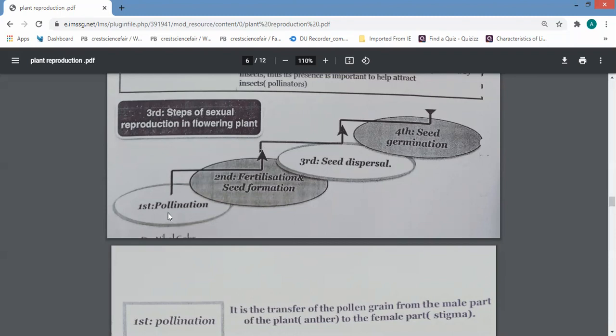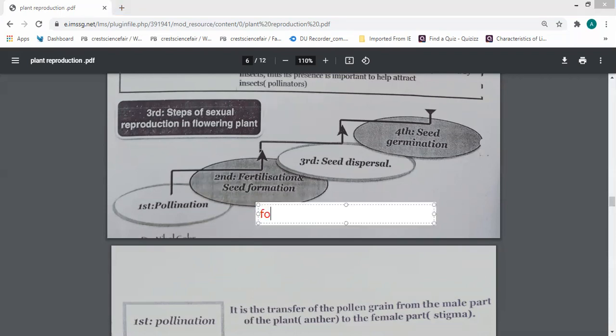And we can say that before the pollination, there is the formation of gametes. After the formation of gametes, the pollination process starts.